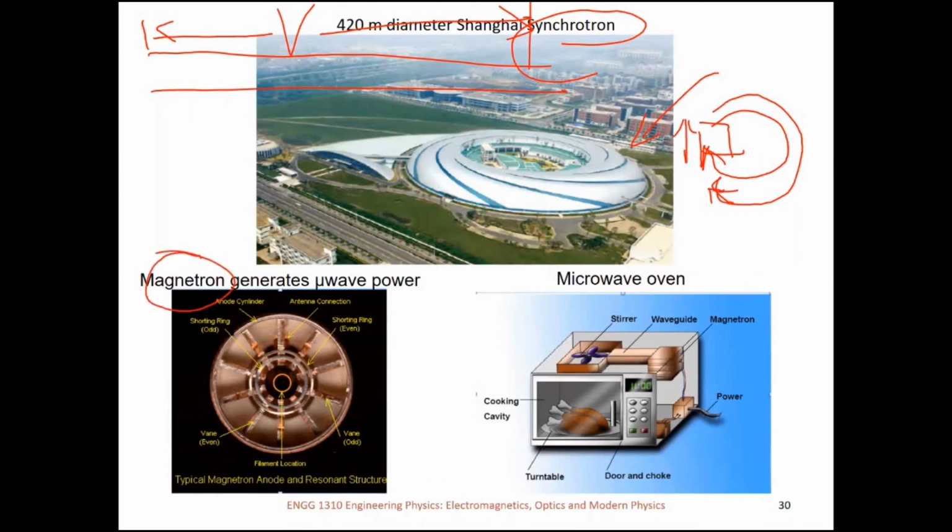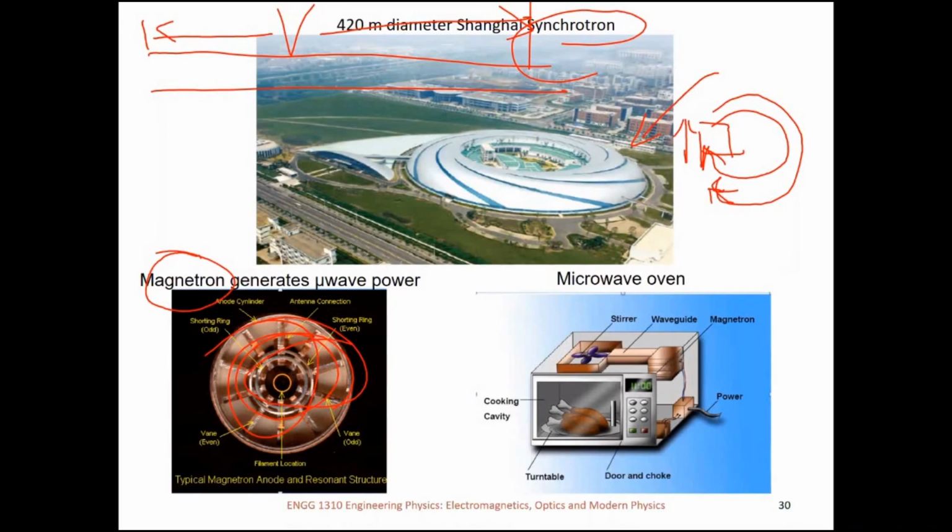You have a high frequency magnetic field, and then you let the electron move inside the magnetic field, and it has an oscillating electron motion like this. Because it's high frequency, we can generate electromagnetic waves propagating outside. And this is in the microwave range.